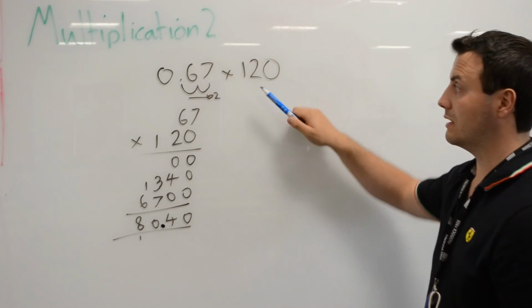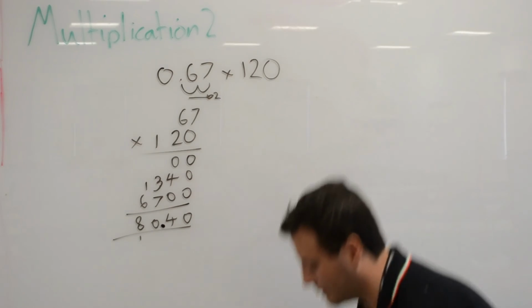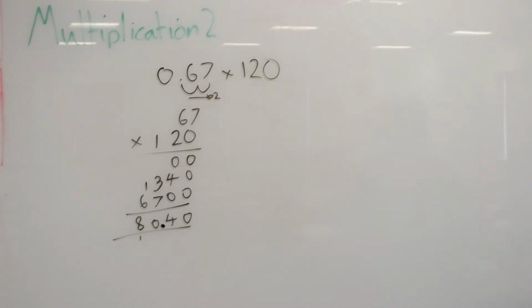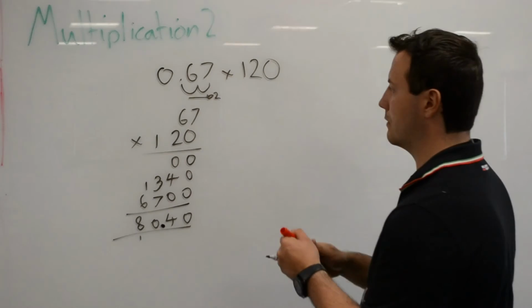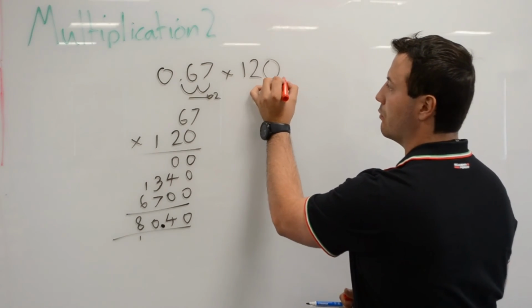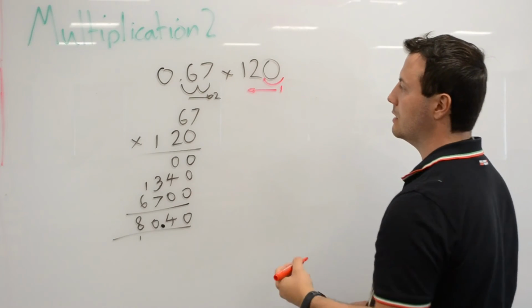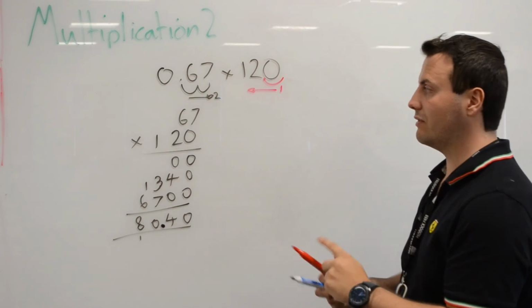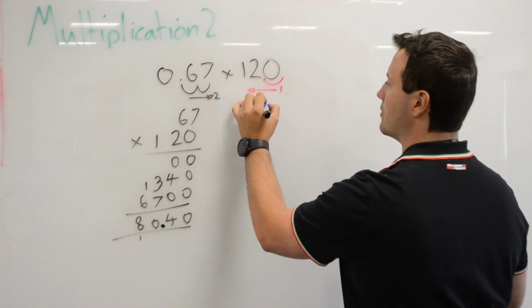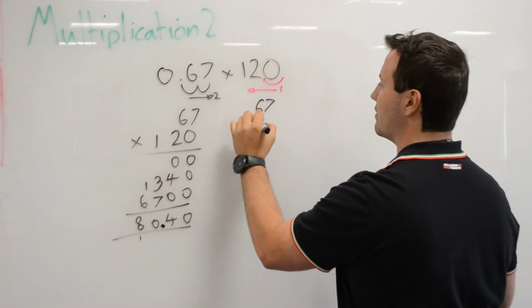Now the alternate method, if we decide to adjust the 120, so that's 1 decimal place to the left. So that's going to give us the number 12. So the maths now becomes 67 times 12.